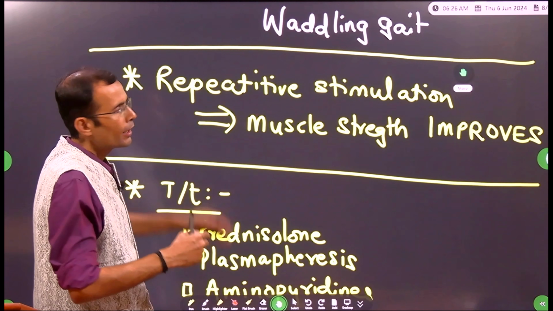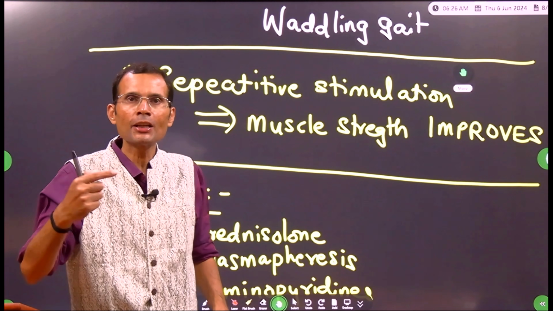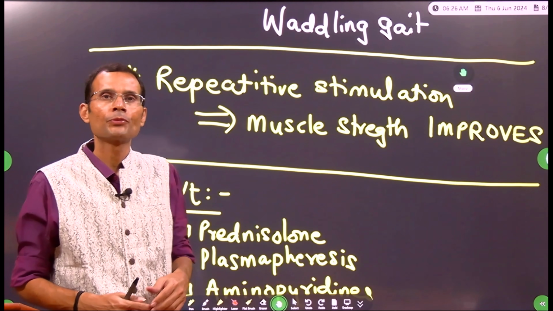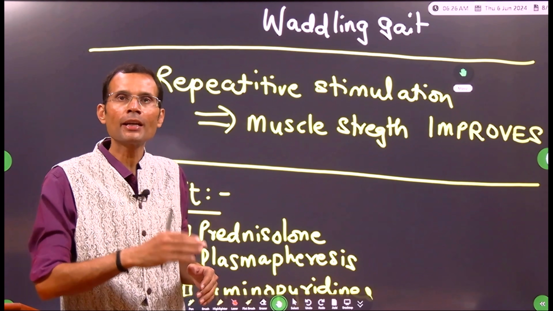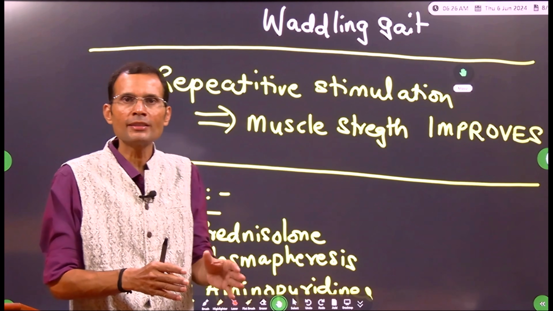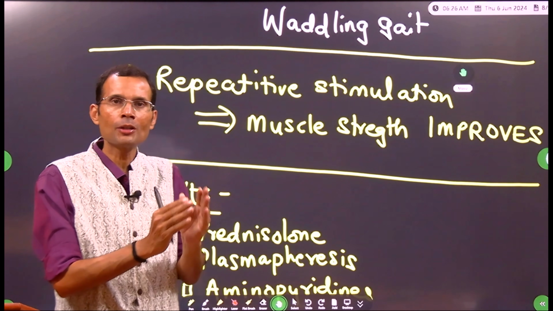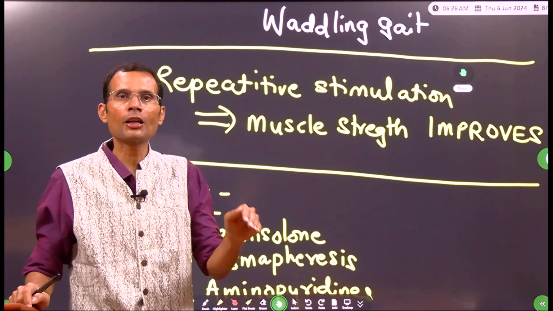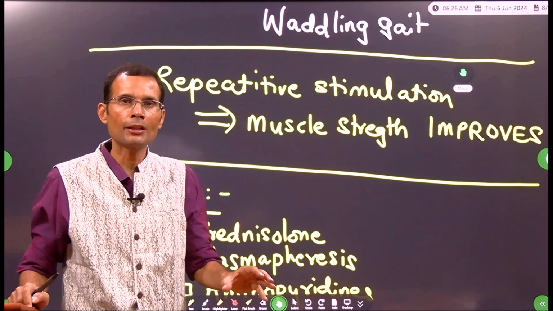Now if you cause a repetitive stimulation of particular muscle groups, then the calcium will keep coming in from whatever channels are available, and at one stage the calcium is accumulated in the motor nerve terminal, in the presynaptic terminal.